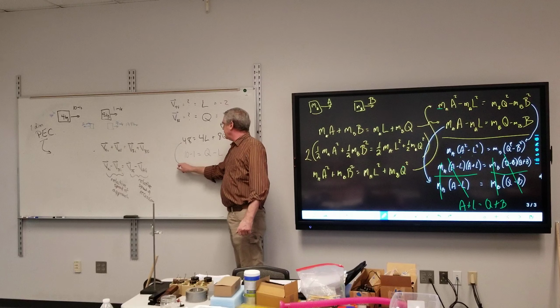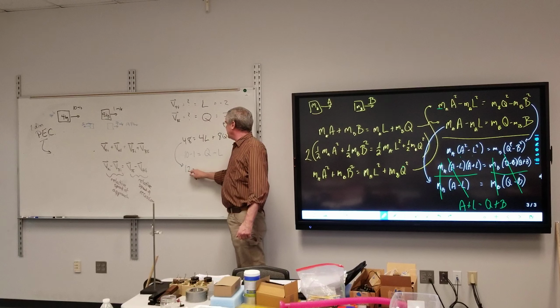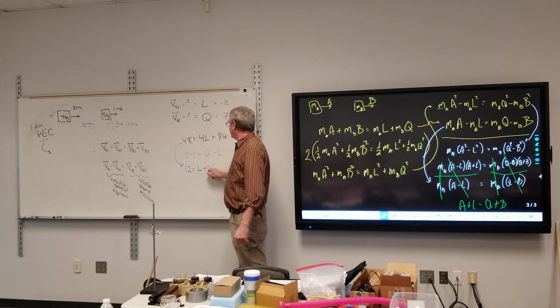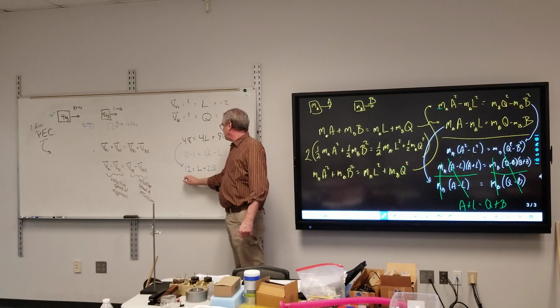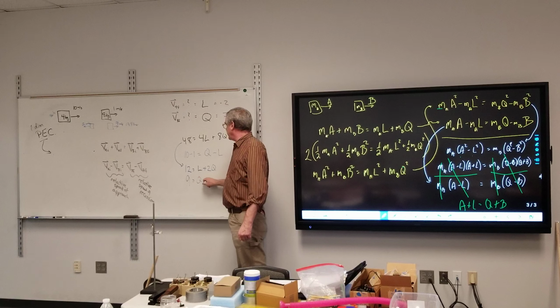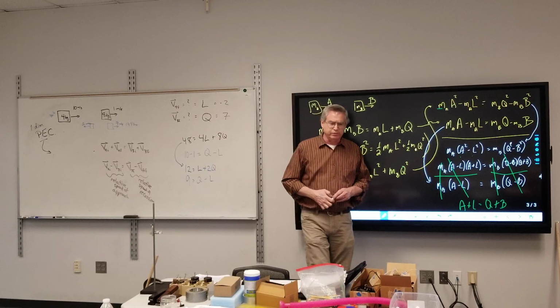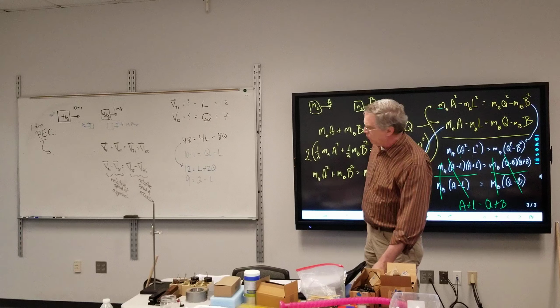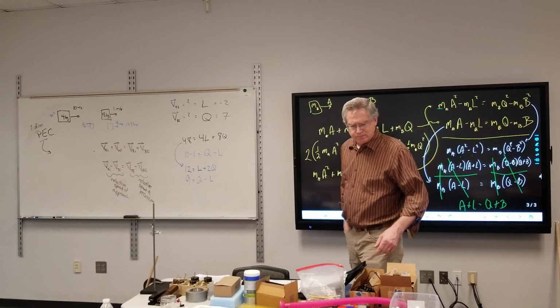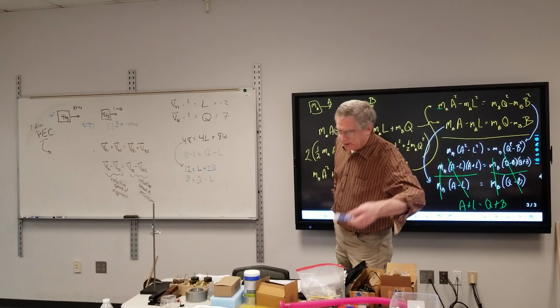From this equation here, we have 12 is equal to L plus 2Q. From this equation here, we have 9 is equal to Q minus L. 2 equations, 2 unknowns, no quadratic involved. There are a slew of ways of solving this. Pick the one that you like the most.